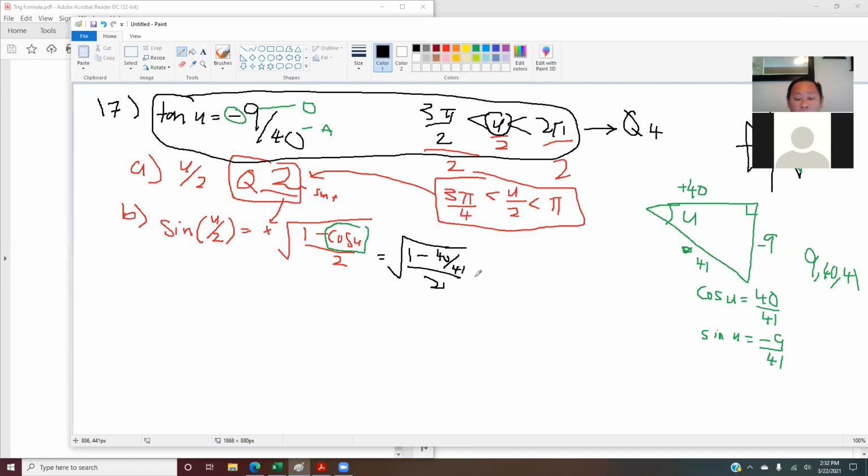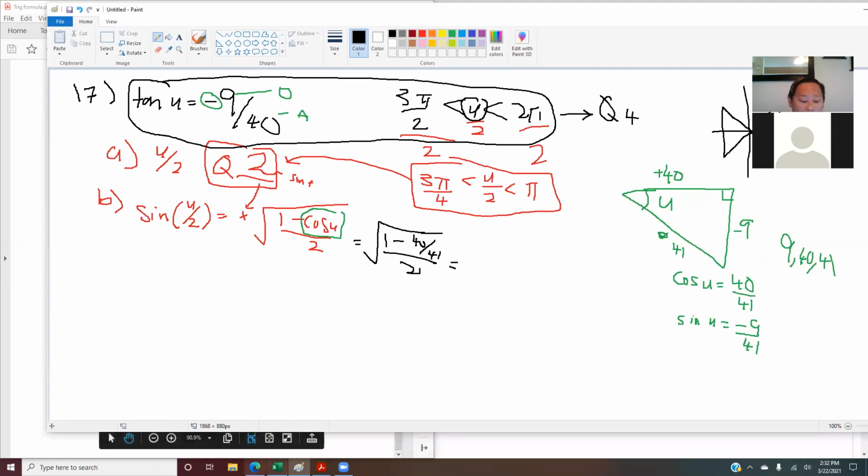Now, do you have a calculator with you, Anika? You can use your calculator to do this by using the ABC button. If you type 1 minus 40 ABC 41, that's how you do the fraction.